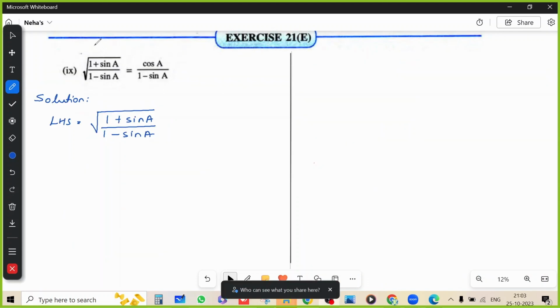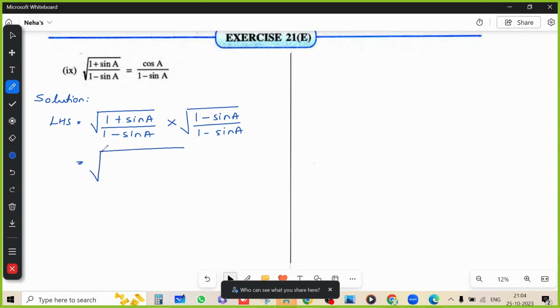The left hand side of the ninth part of the question is given as square root of 1 plus sin A divided by 1 minus sin A. Here we will multiply both the numerator and denominator by square root of 1 minus sin A. Now the numerator has become 1 plus sin A into 1 minus sin A inside the square root symbol.